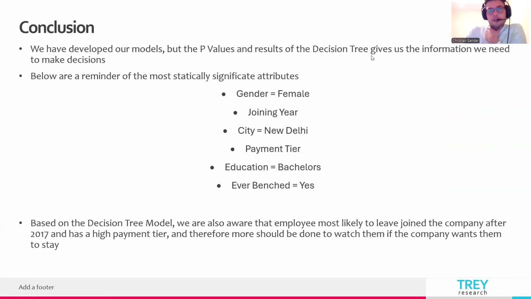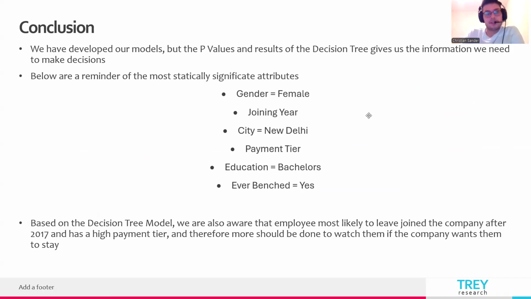All right. So the conclusion here is that we have our model, which is the logistic regression with a 70-30% training and testing split. But we also are not going to forget about our p-values and the information that was given. This is a reminder of what were the attributes that made employees leave the company.